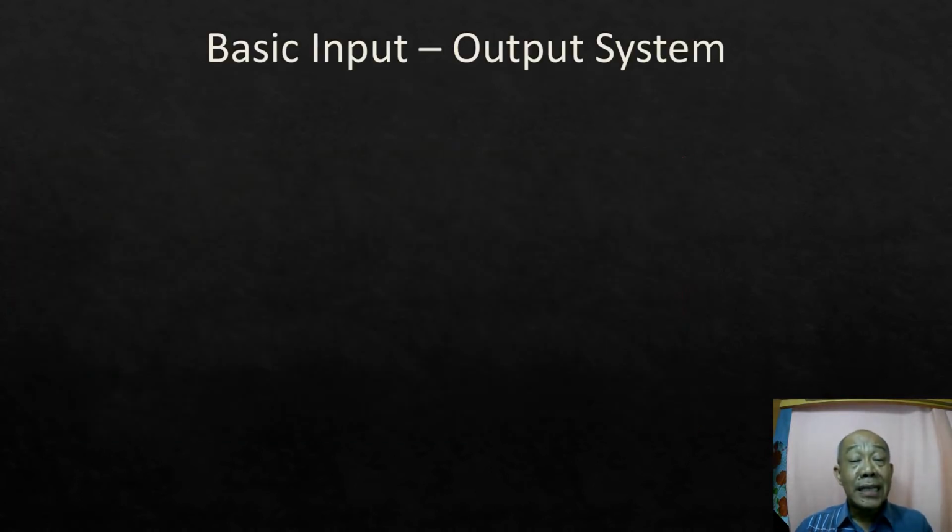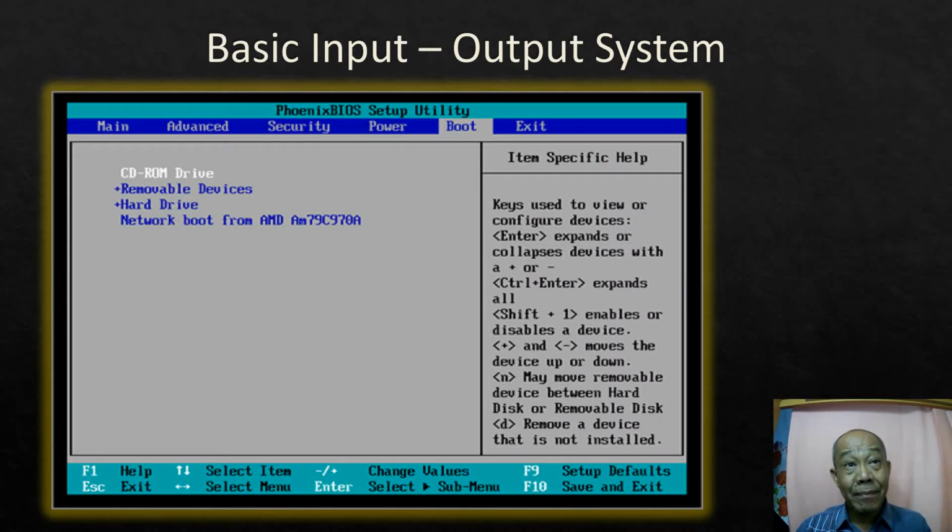The system BIOS is called Basic Input Output System. Here you can see on the image that the BIOS is already on the boot tab. You can see there the CD-ROM drive and the removable device.